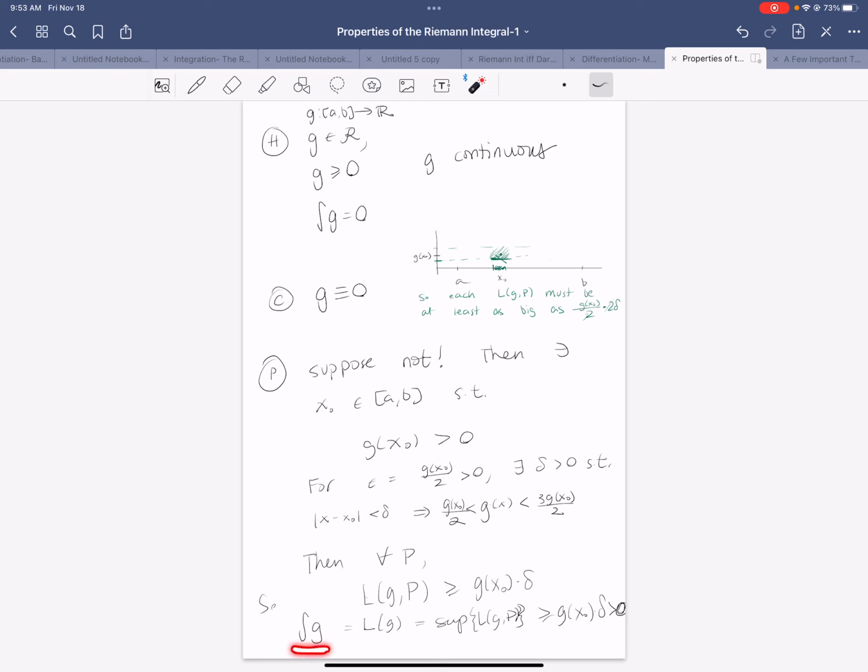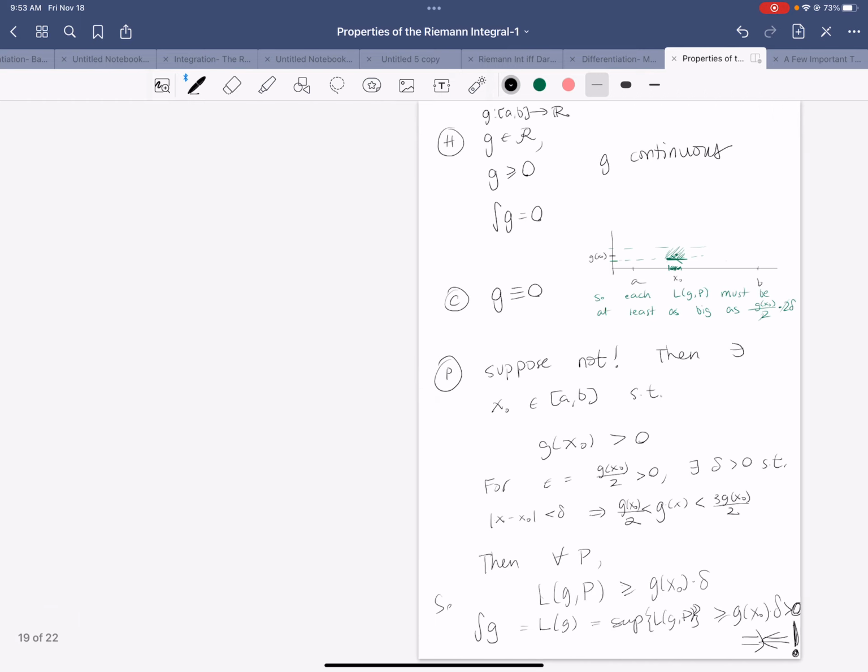So my integral, which is the same as my lower integral, which is the same as the sup of my lower estimates, has to be at least G of X naught times delta, and that's bigger than 0. So my integral has to be strictly bigger than 0. This is a contradiction to the hypothesis that the integral of G is equal to 0, right?